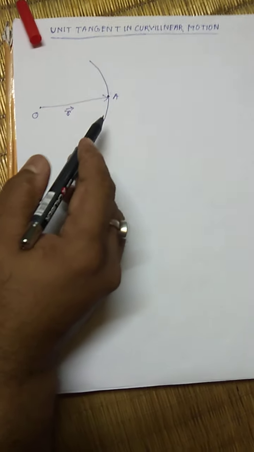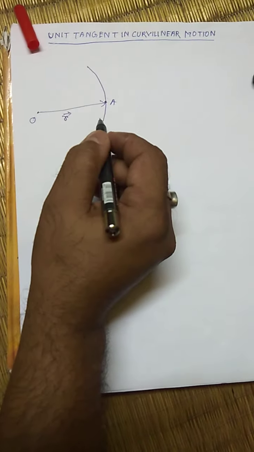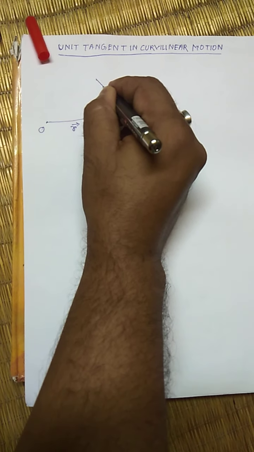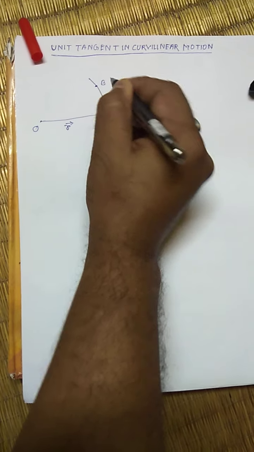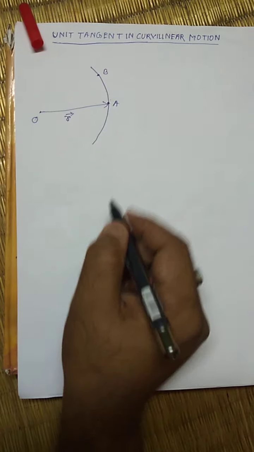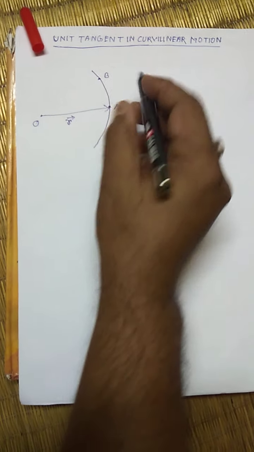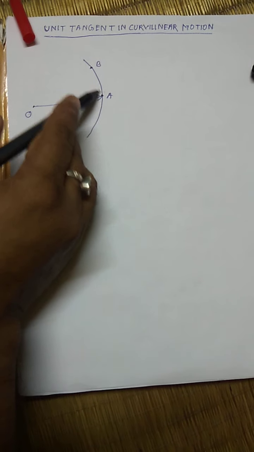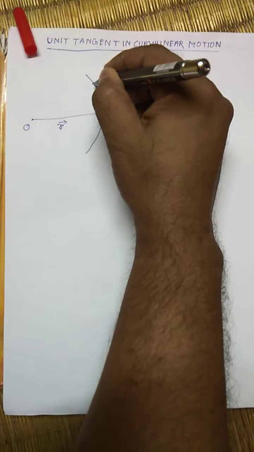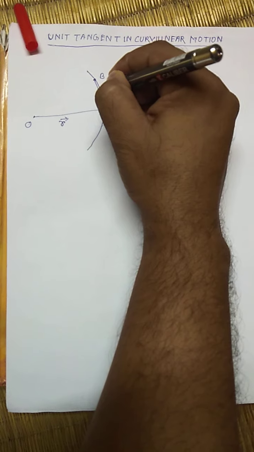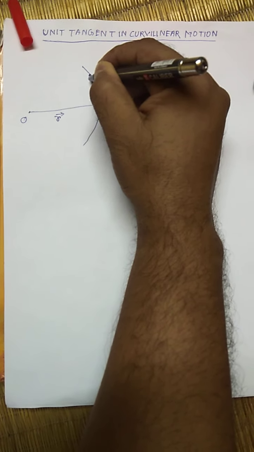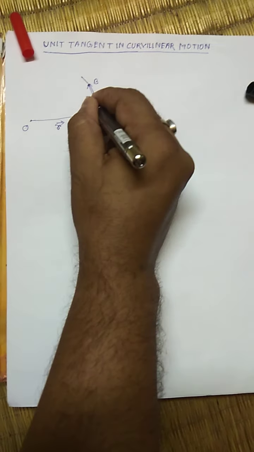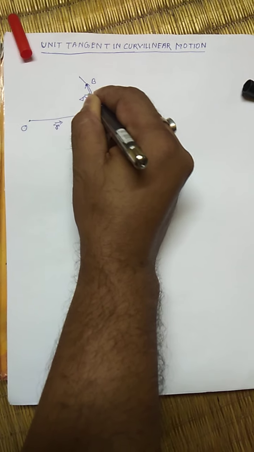The particle moves along this curved path to another point B. The particle makes a displacement AB vector, and let AB vector be delta vector r.